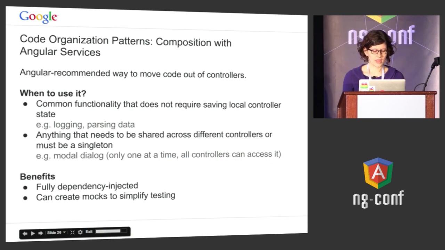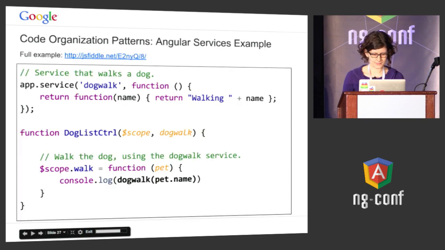And it also works well with anything that needs to be shared across different controllers and must be a singleton. For example, we have our modal dialog as a service so that any controller can reference it because there needs to be one on a page at a time. This has the benefit of being fully dependency injected, and it also helps with testing because you can create mocks of your services to use in other tests.